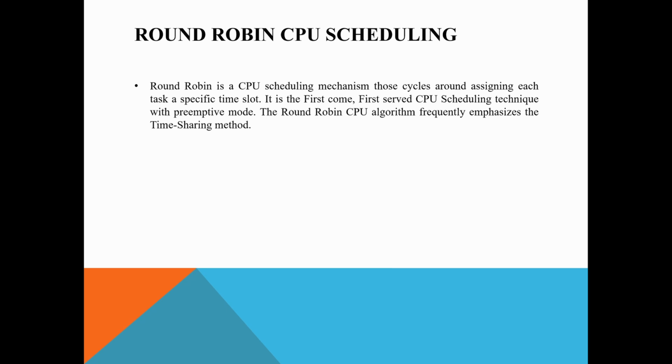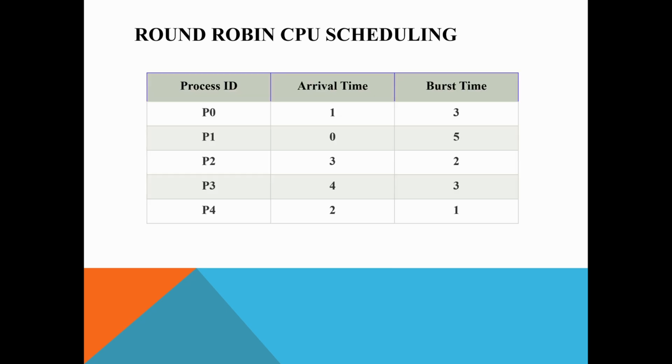So according to the time quantum only the CPU executes. Suppose a process P1 needs 6 milliseconds to complete its execution, but the time quantum is 3 milliseconds, the CPU executes the process P1 only for 3 milliseconds, even though it needs 3 more milliseconds to complete its execution. It executes the process only according to its time quantum. After the time quantum expires, it will select the next process. So it gives a time quantum to each process so that each process gets preference. This is the main concept of round robin CPU scheduling algorithm.